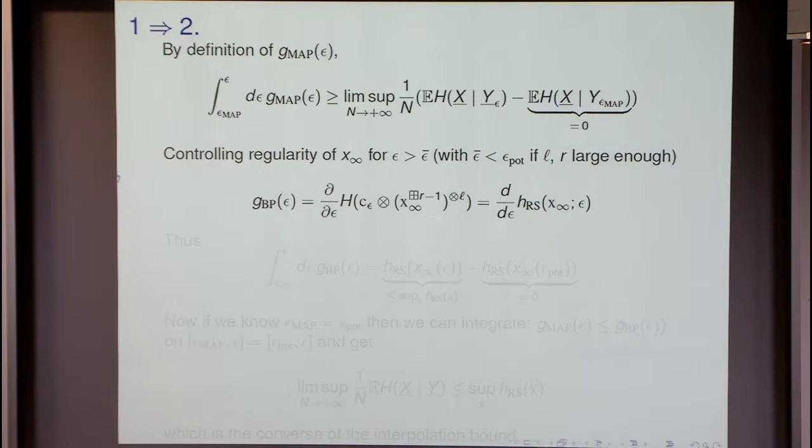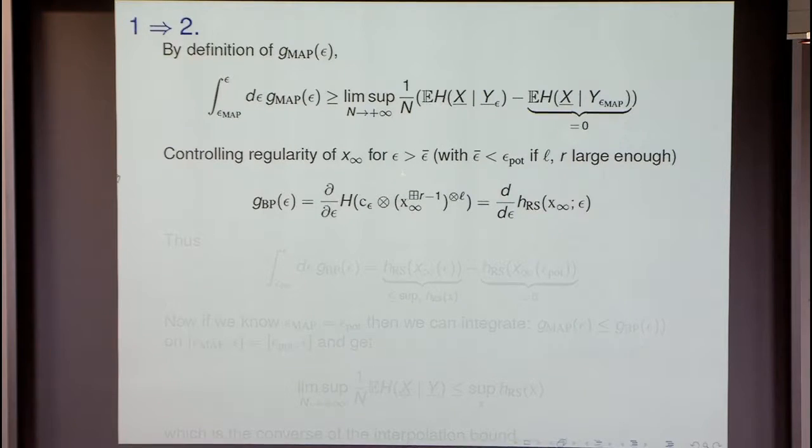Now, if you look at the replica symmetric entropy, you cannot remember the formula, but the formula contained this quantity plus two other terms that do not depend explicitly on the channel noise. So the partial derivative will not carry on the other terms. Okay, so you can put here the replica symmetric entropy.